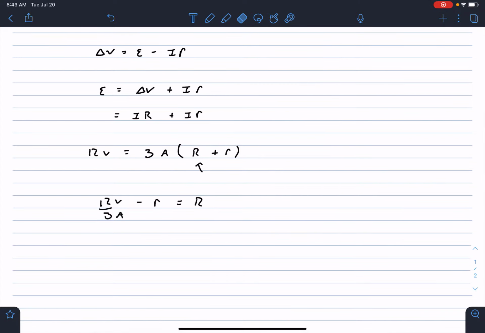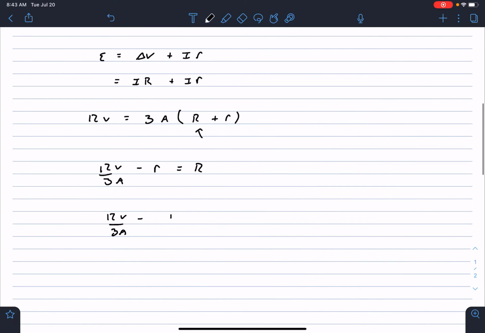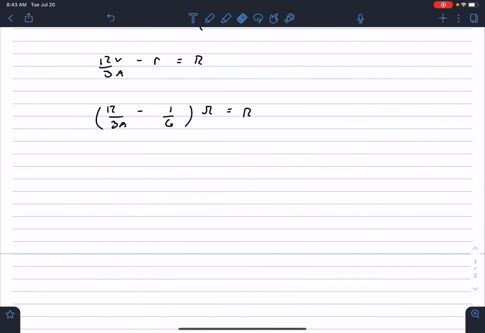We just found this value, so we just plug that in. So 12 volts over 3 amps minus, what was it? It was 1/6. This is all in ohms, and that's going to equal that. Okay, so now we're in units of ohms already.